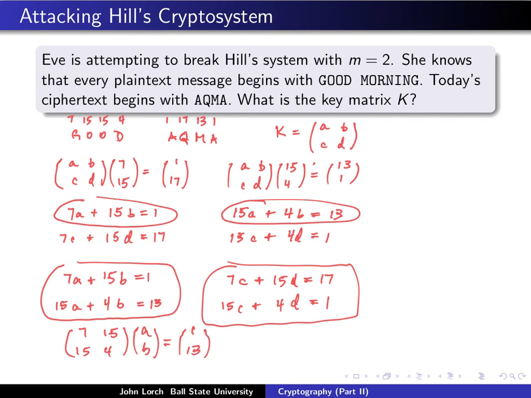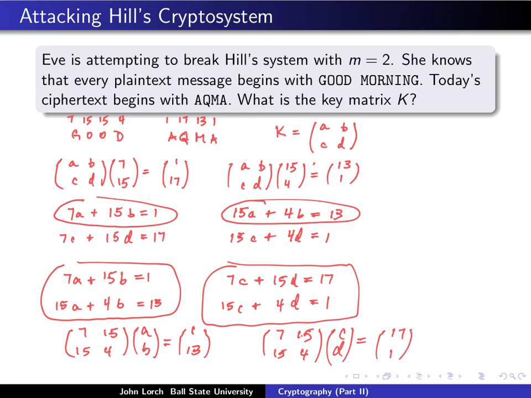And this system of equations on the right can be recast as 7, 15, 15, 4 times CD equaling 17, 1.